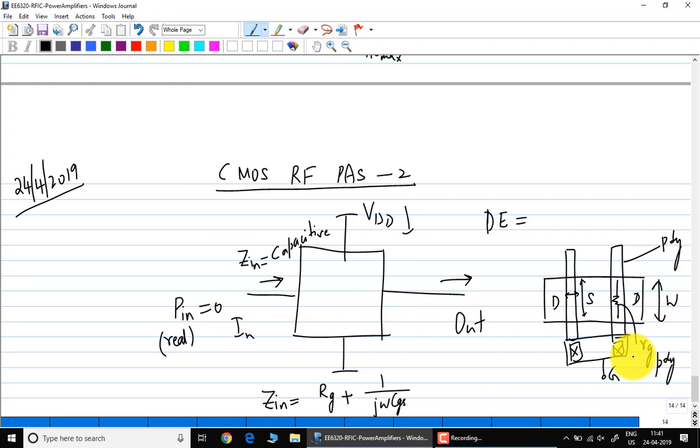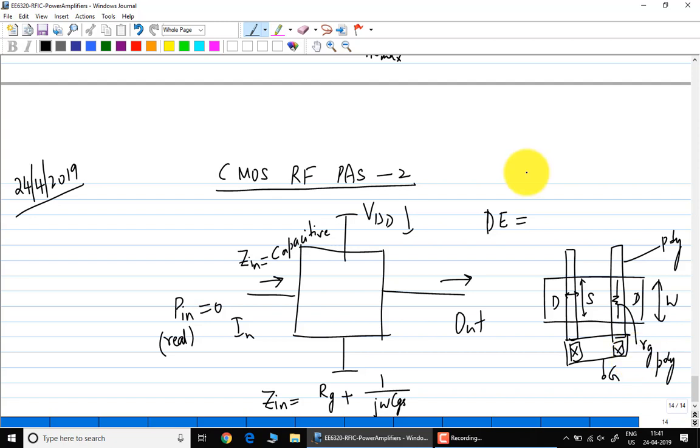Of course it will, it is not 100% conductive. It does have some resistivity, normally lower than the metal resistivity. So the effective model of the transistor that you have to draw should include a gate poly resistance.